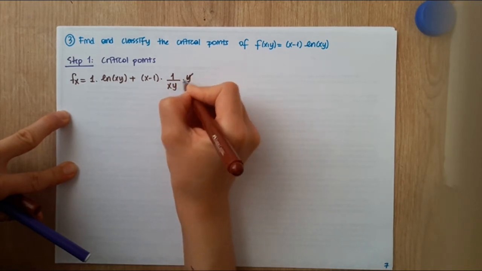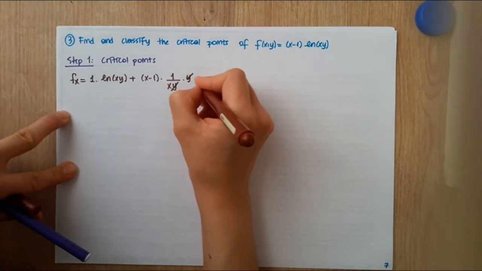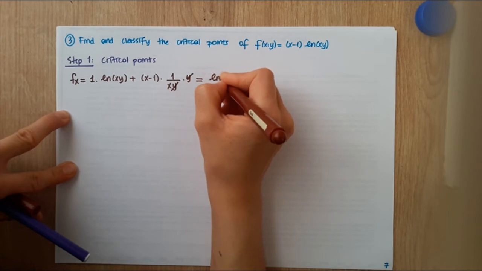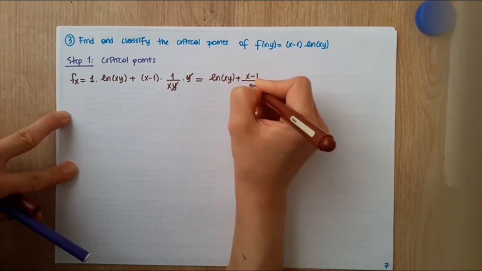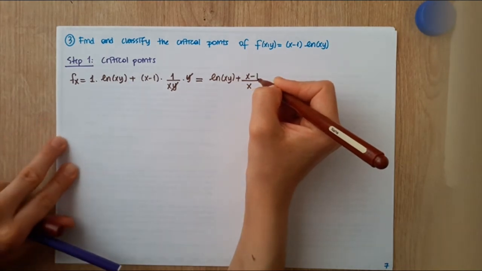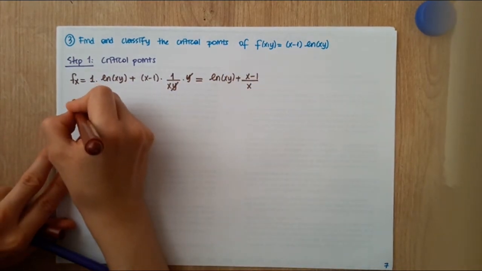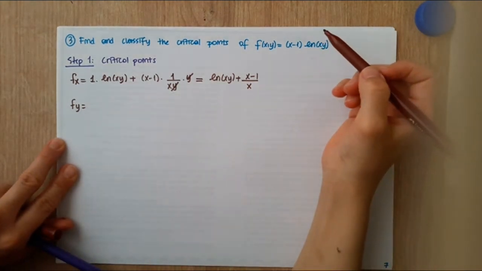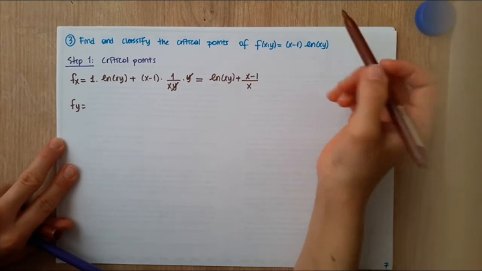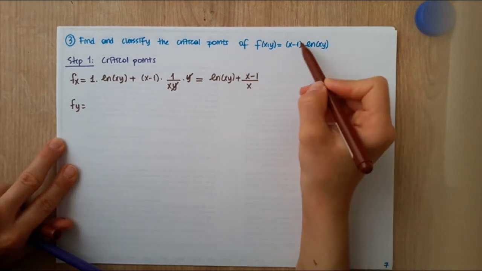Okay, so you can cancel common terms, and you will have a natural logarithm of xy plus x minus 1 over x here. Okay, and in the second partial derivative, we will apply the rules for derivative with respect to y, because there is no y here, this is constant.